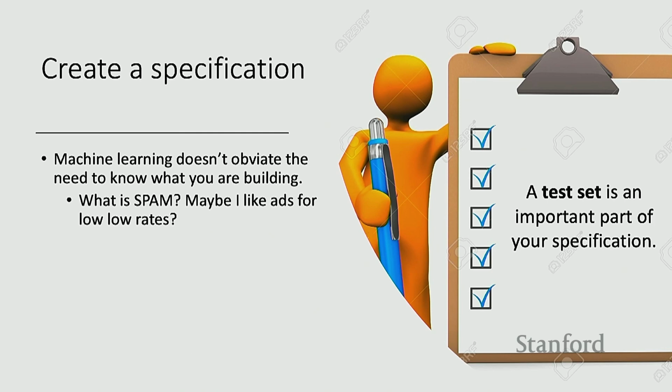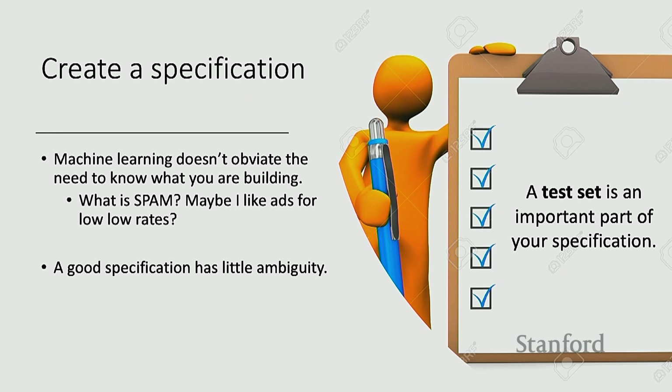The definition of spam is sometimes different between different people. Maybe you think an ad from, say, Google is spam, but somebody else would probably prefer to receive some ad emails at a very low rate. So you have to specify exactly what you want to predict. What is really the definition of spam?